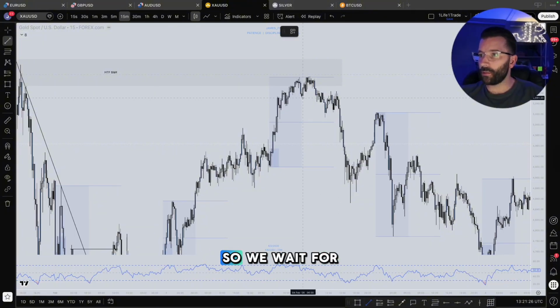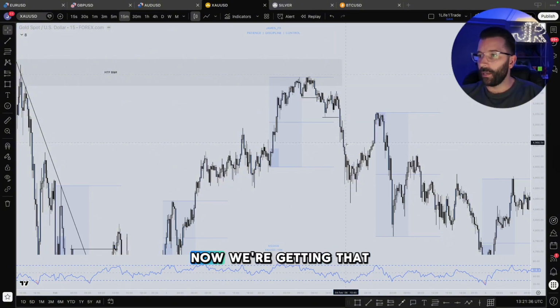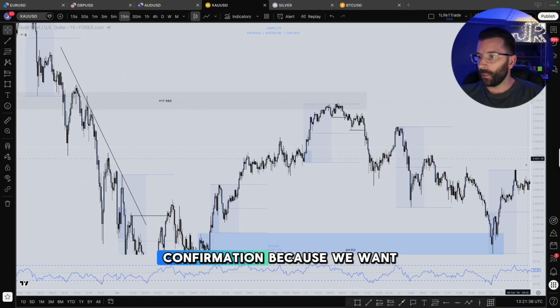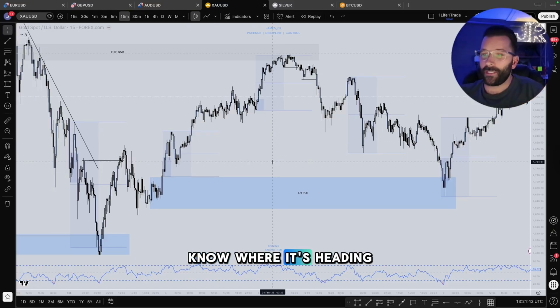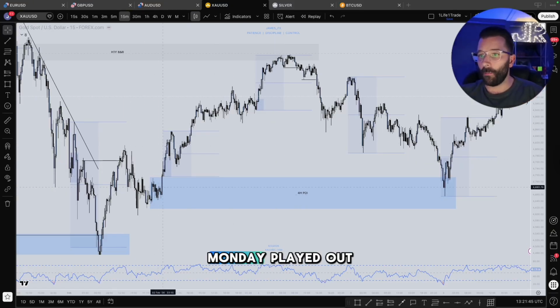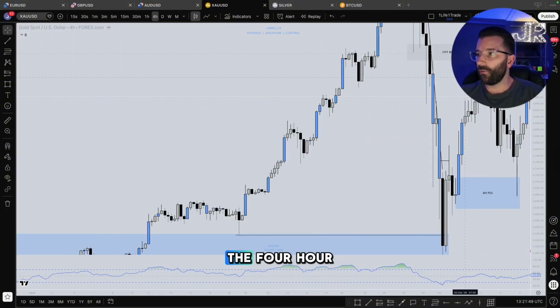We're on the 15 minutes, so we wait for areas to break. That's a nice little break. So now we're getting that confirmation, because we want confirmation, but then we want to know where it's heading.